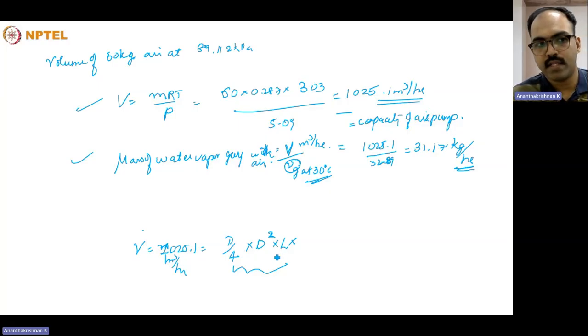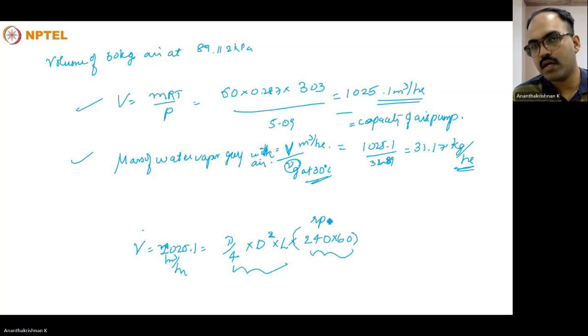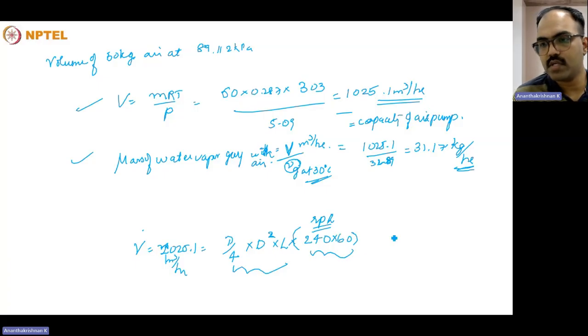Then we have to multiply it by the RPM. 240 RPM is given in the problem, that is revolution per minute, so 240 multiplied by 60 for revolution per hour.